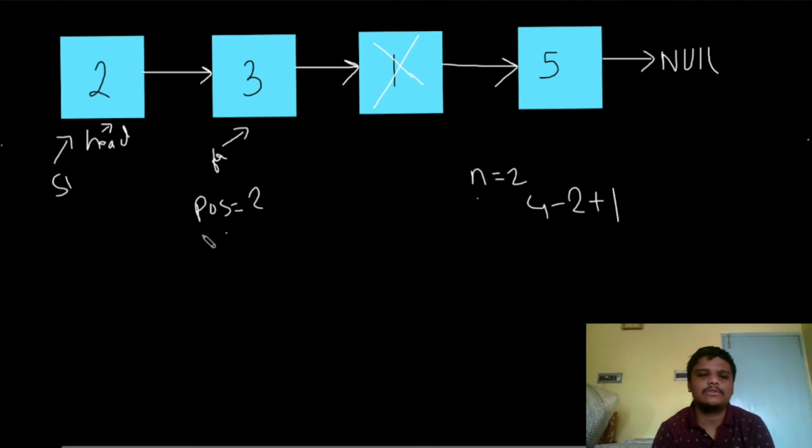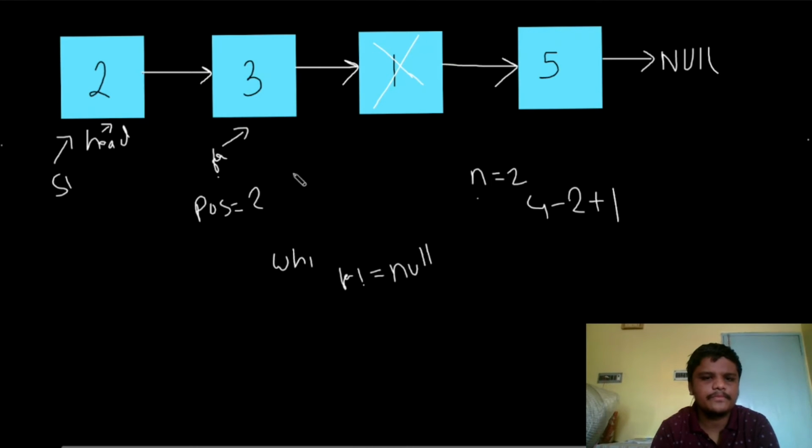Now our pos is currently at 2, so we're going to have a while loop, and inside this while loop we're going to have a condition that first should not be equal to null.